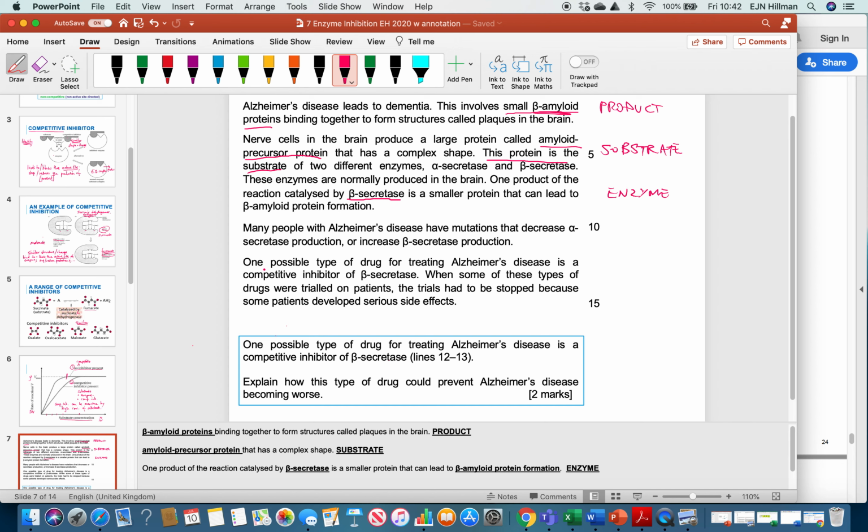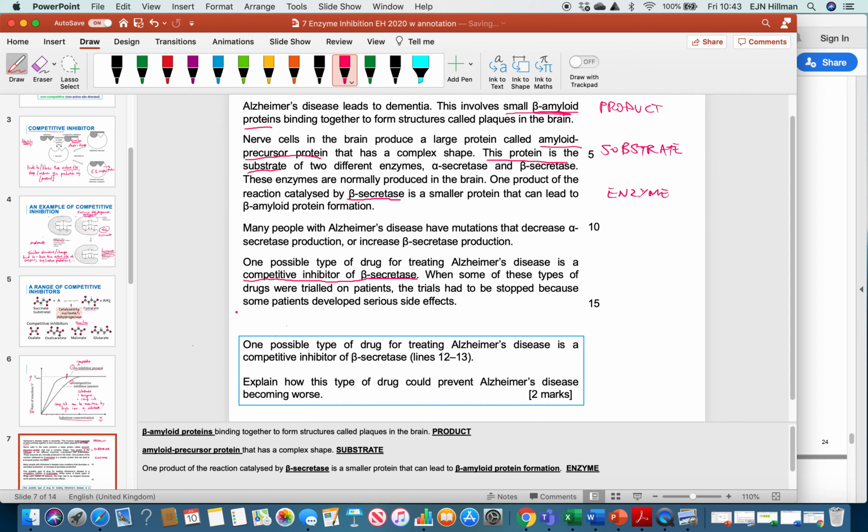Okay, one possible type of drug for treating Alzheimer's is a competitive inhibitor of beta secretase. So this is where the question that's going to follow comes in.